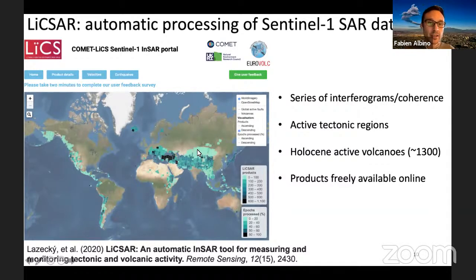For every active frame, you can go and download GeoTIFFs of the different products, interferograms, and coherence maps. There is a paper published recently by Lazecký that gives you an overview of the system, how it works, the different products that are generated, and the studies we have been using.